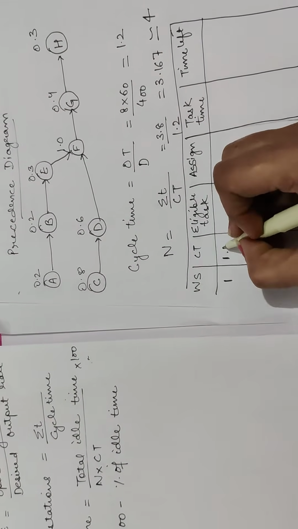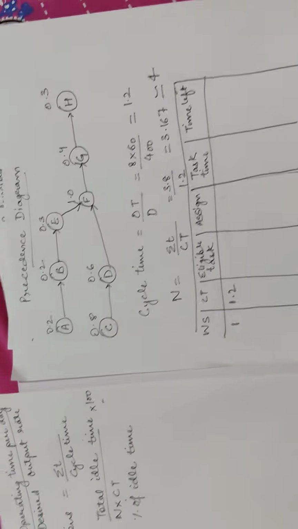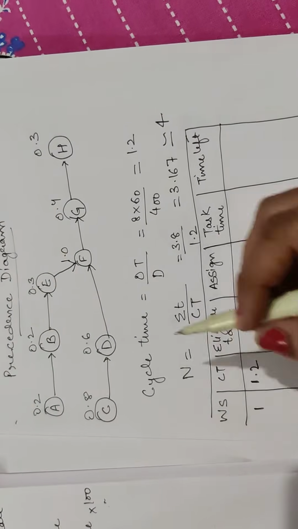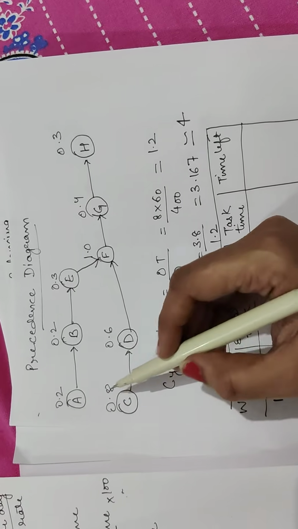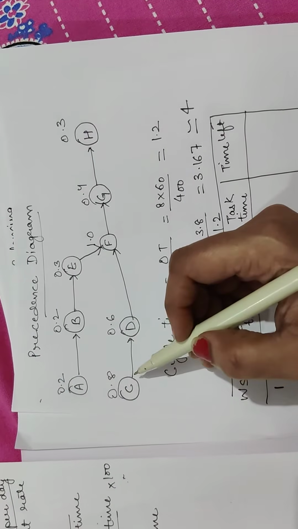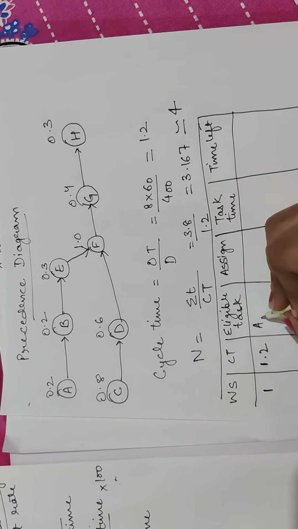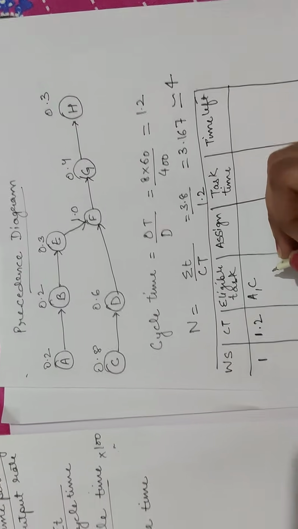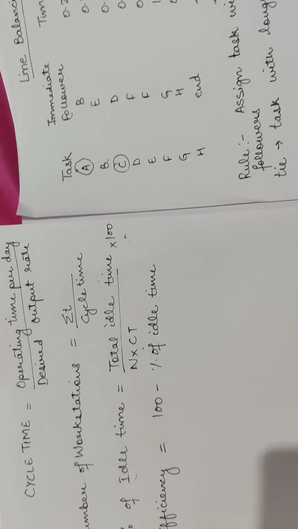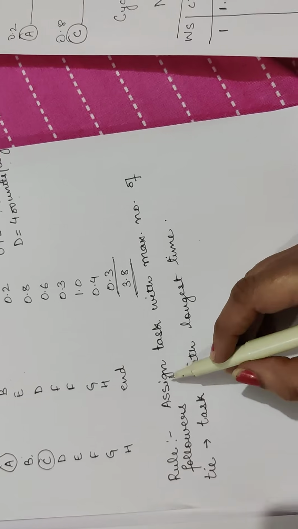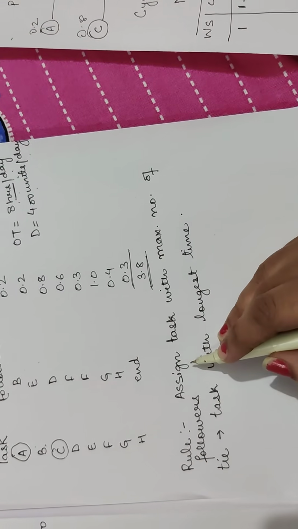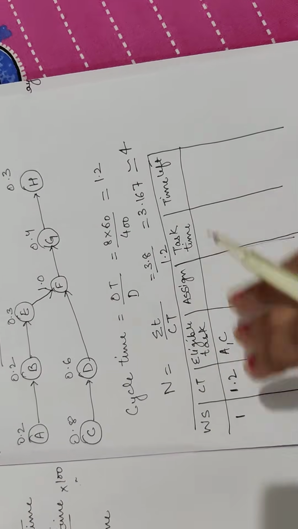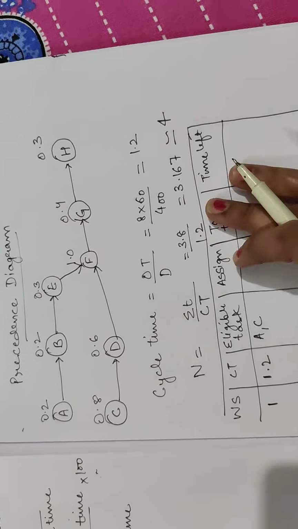The workstation cycle time is 1.2. Now I need to know what the eligible tasks are. Eligible tasks are A and C, because A and C are the independent tasks. So A and C are eligible, and now comes the rule. The rule is saying assign the task with the maximum number of followers. So from A and C, check the number of followers.